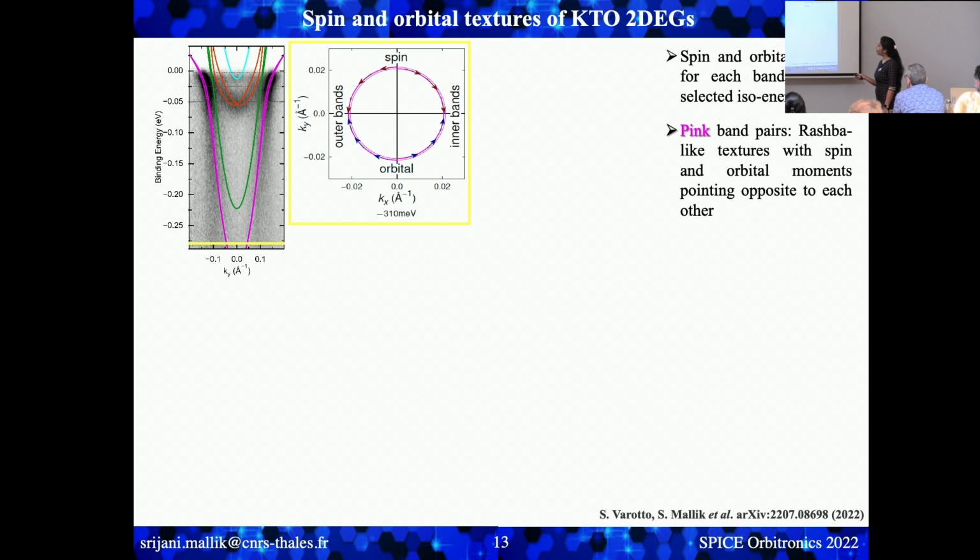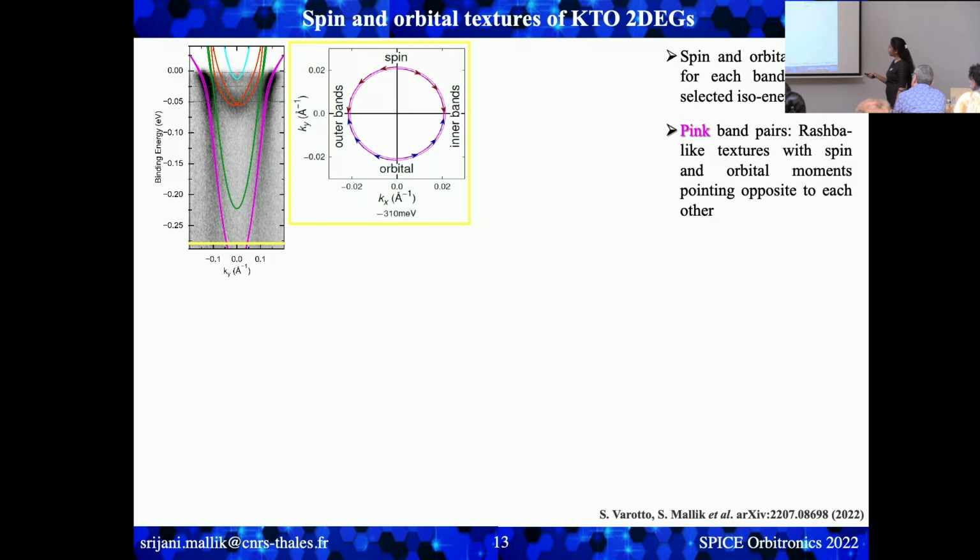And for this specific energy we can probe the band pair, and this shows the usual Rashba-like spin and orbital textures, where we can see that spin and momentum are locked to each other, a very nice circular band structure.